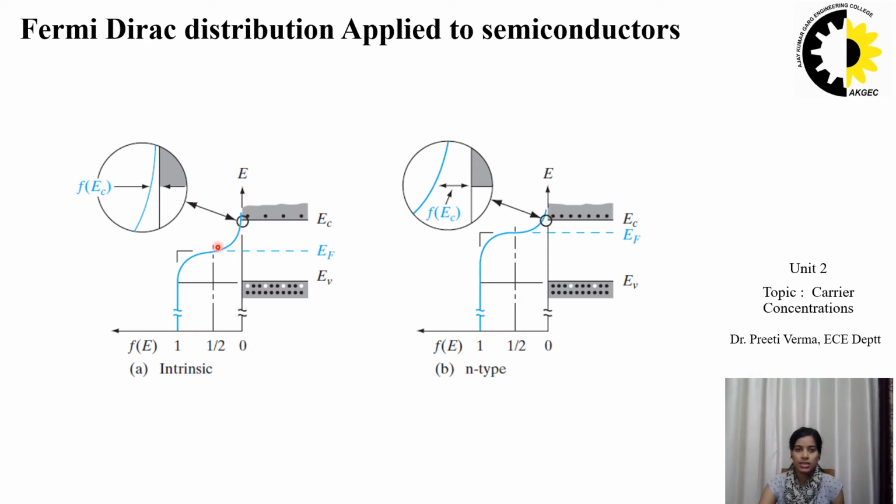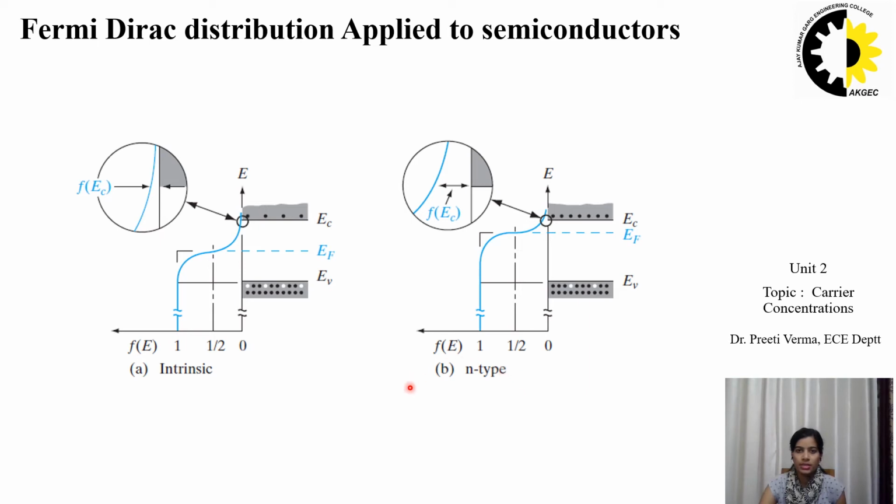This is representing the probability function of finding electrons in that intrinsic material. Here it is zoomed for clear representation, and you can see this probability function is reaching near the conduction band.